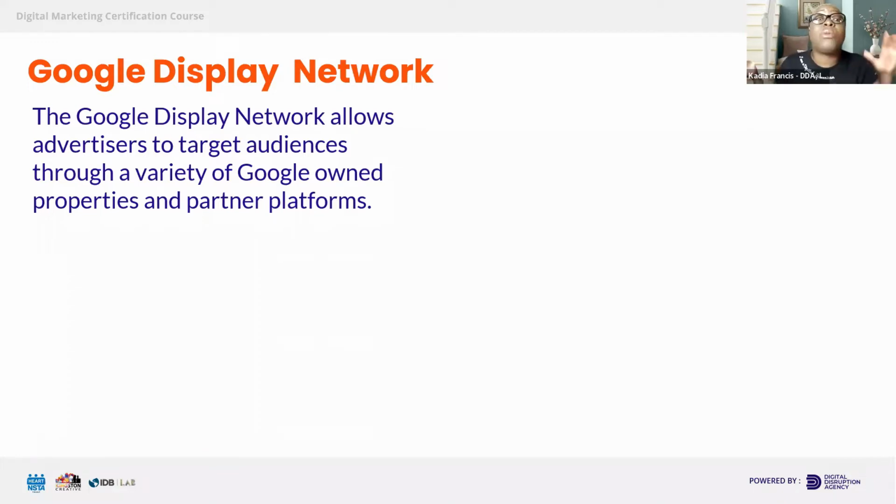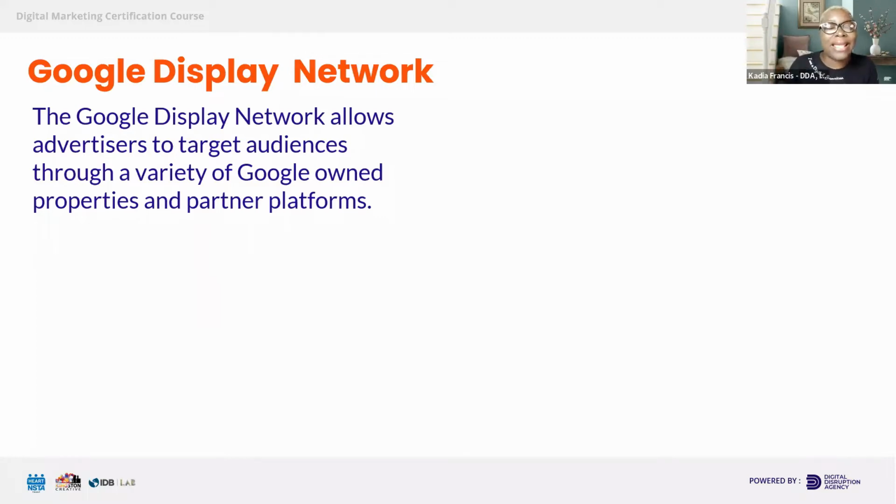But Google has also partnered with other platforms to further expand how far they can reach. And Google can reach far, which is why they're one of the largest advertisers, right?